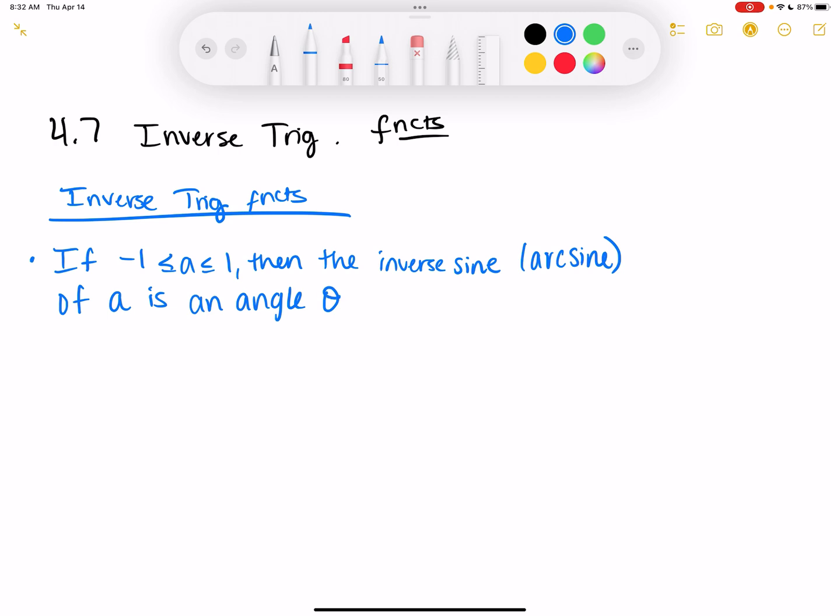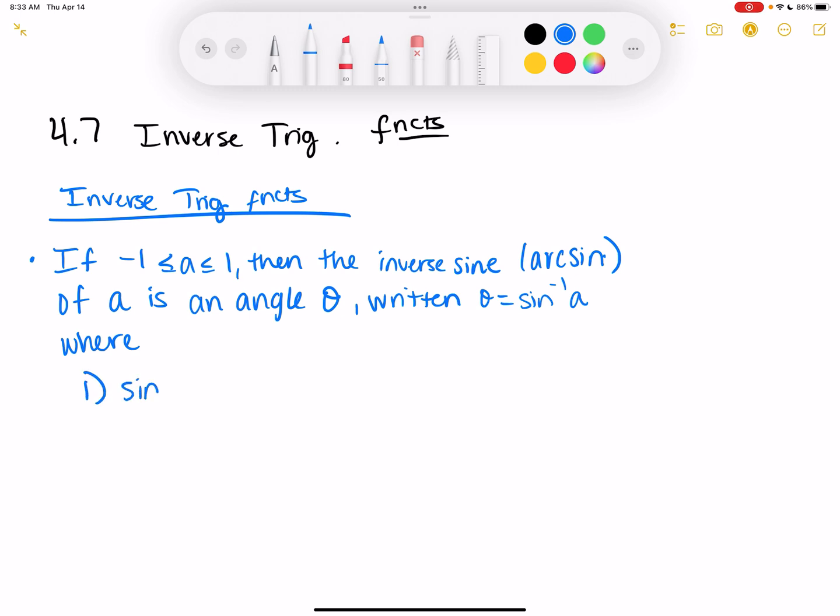All right, then the inverse sine, or arc sine, another name that I will call it sometimes, of a is an angle theta, written theta equals sine to the -1 of a, which is not how we say it. We say inverse sine or arc sine, but just so you know how to write it.